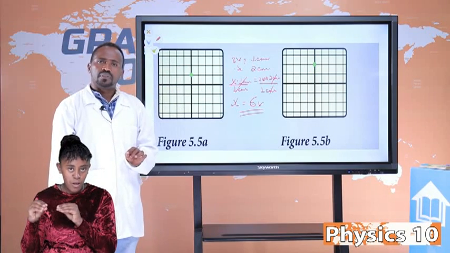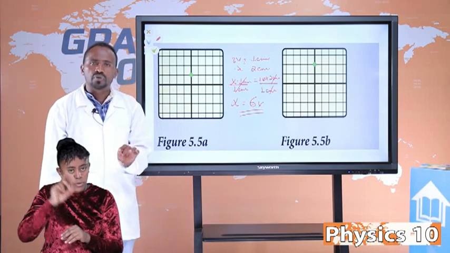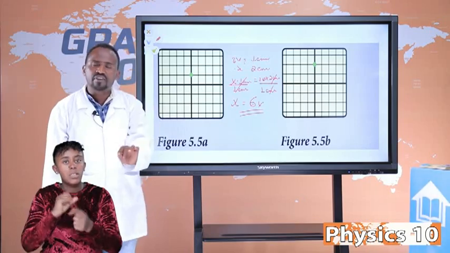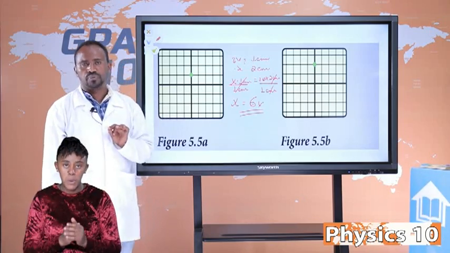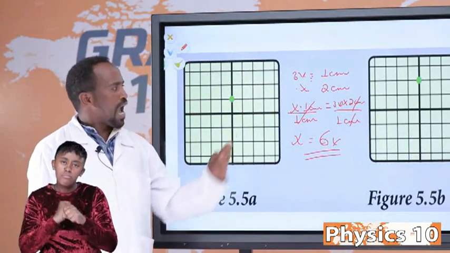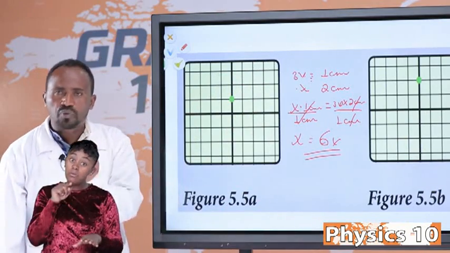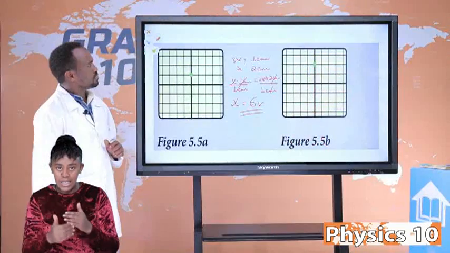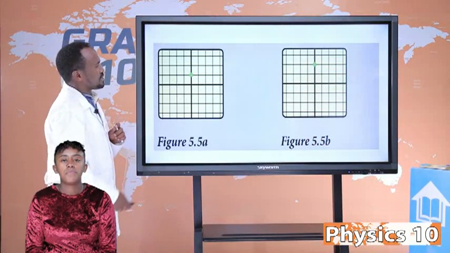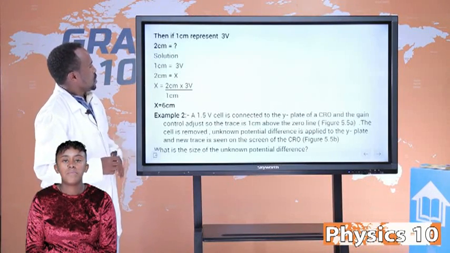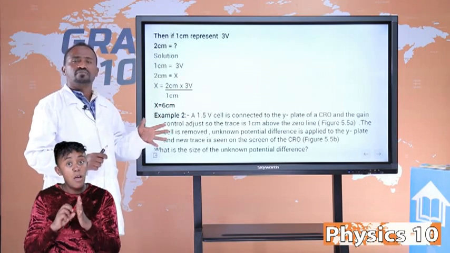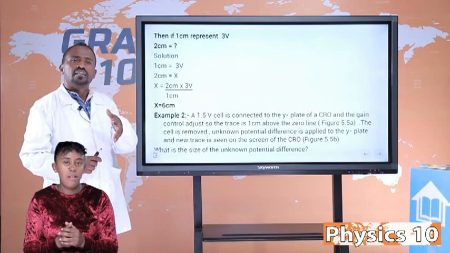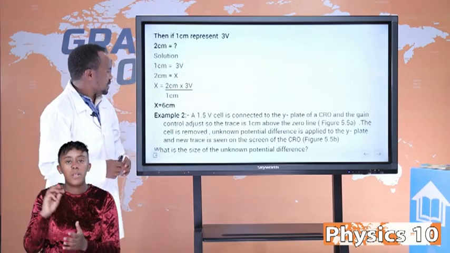Students, you should do the problem that is given in your exercise book. Do the other problem. I did one for you. You should do the other problems. Let us jump to the next. So this is how to find the value of the unknown potential that deflected 2 centimeters.